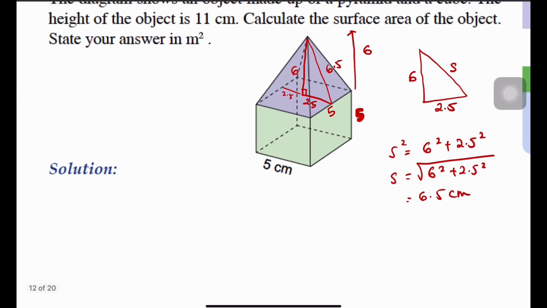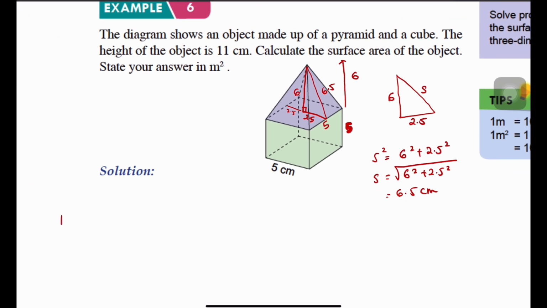So we can start to calculate the surface area. For example, I divide it as A and B. Surface area of A, or you can put it as surface area of pyramid, no problem.